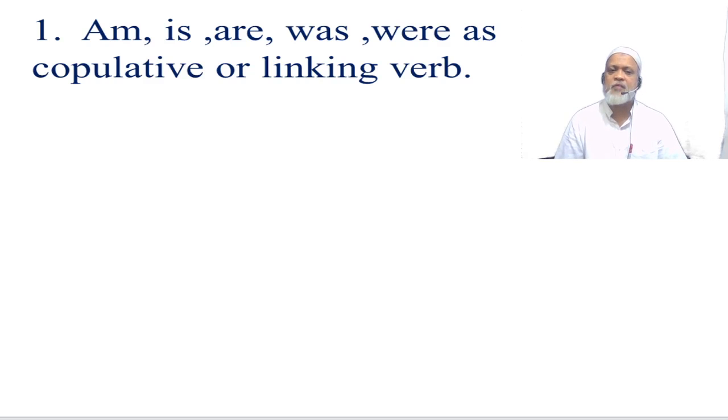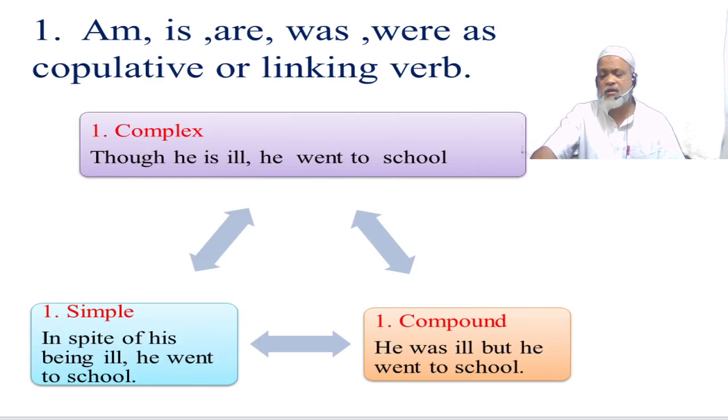Here am is a linking verb, I is a subject and teacher is a complement, and am is used here only to link up the subject and complement. When a verb is used to link up the subject and complement, it is called a copulative or linking verb. I think you have a previous idea about linking or copulative verbs. I have tried to give you a simple idea.